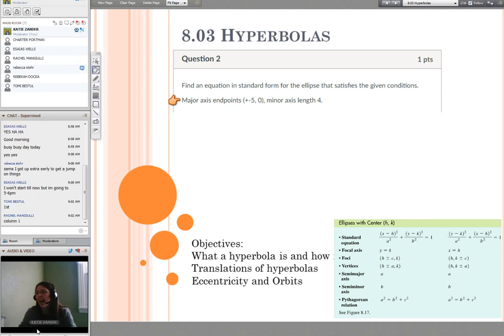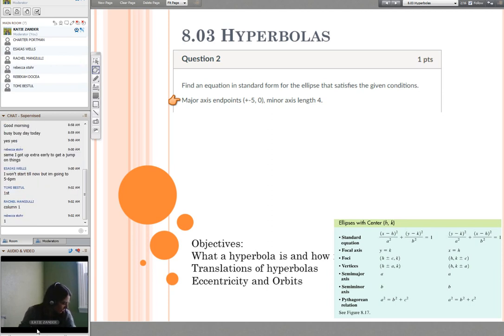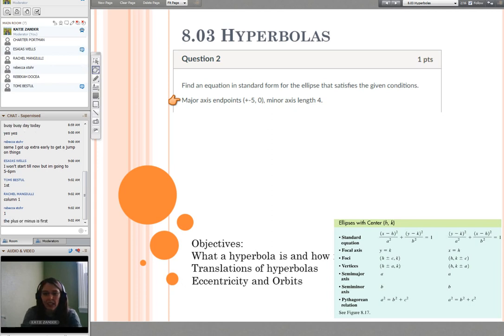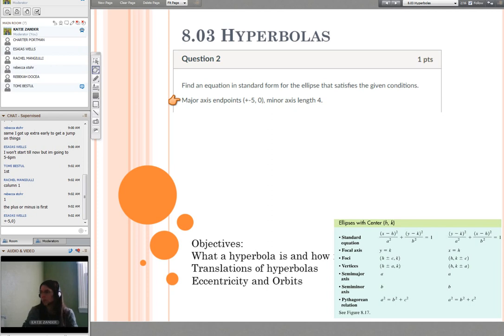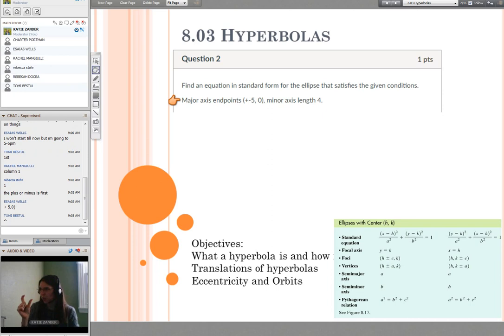The first. Yeah, how did we know it's going to be column 1? Yeah, the plus or minus 5 in that first one, exactly. So when we take a look at that, that signals that it is going horizontally, right?